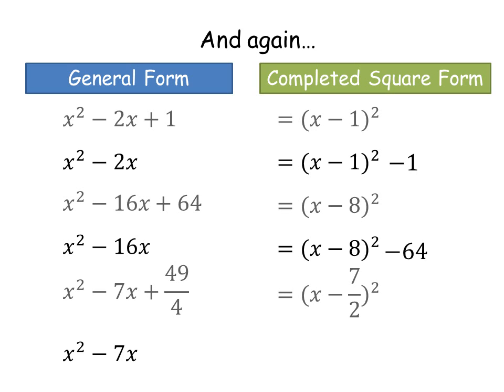What about this nice fractions fellow? If I only have x squared minus 7x, then the completed square form must be x minus 7 over 2 all squared minus 49 over 4, which of course is the square of 7 over 2. It's the square of negative 7 over 2 actually. So, remember we are subtracting the square.